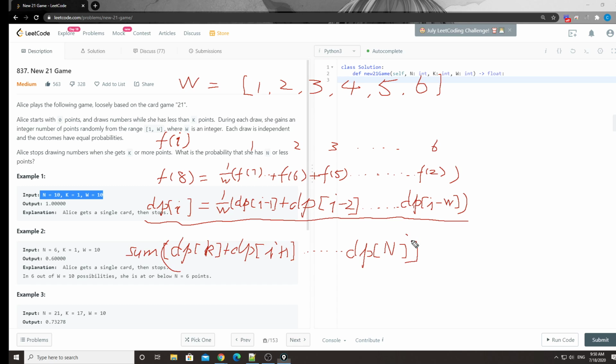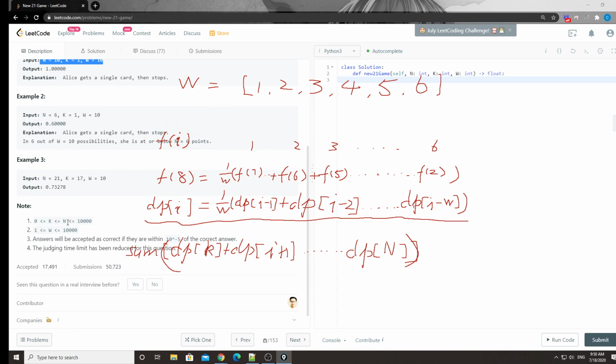So this is a sum. Oh, sorry, and we're assuming this n is greater than k, which I think is the case. Yeah, so n is greater than k.